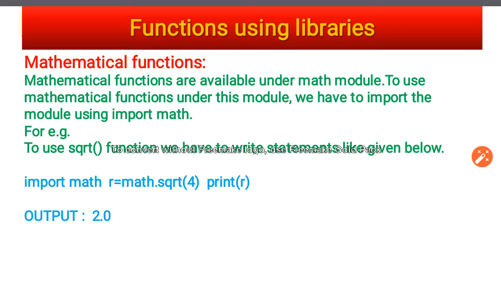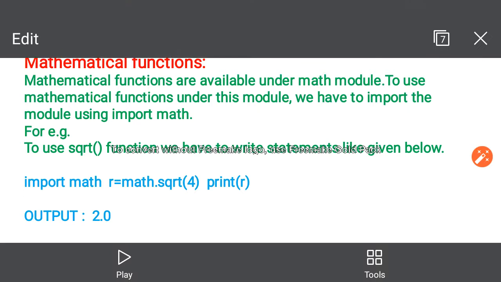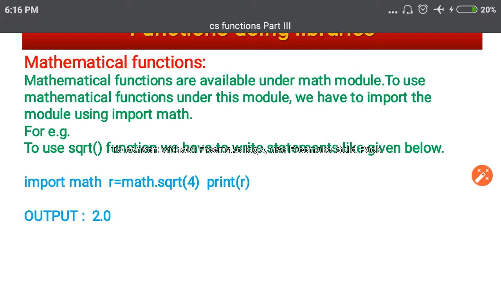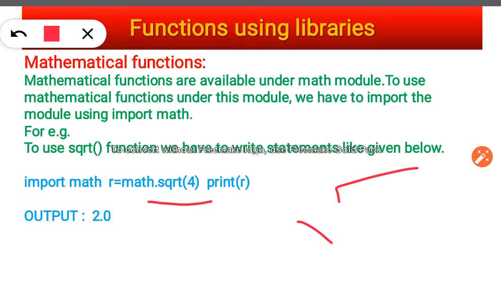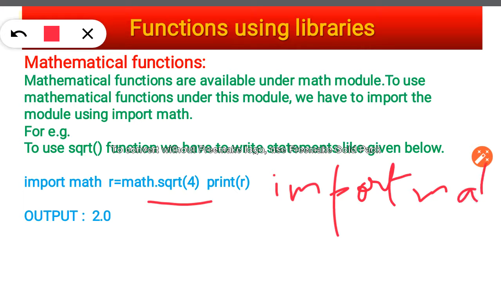Okay, like see, if I want to take out some square root, I guess all of you know what a square root is. Suppose in this example I want to take out the square root of 4. For that I cannot write it like this, right? But what we can do is use math.sqrt. Before that, in the first line you have to write import math, and in the next line you have to write this line.